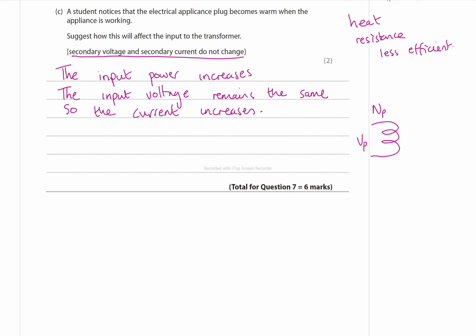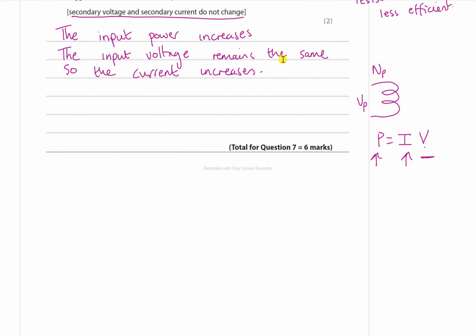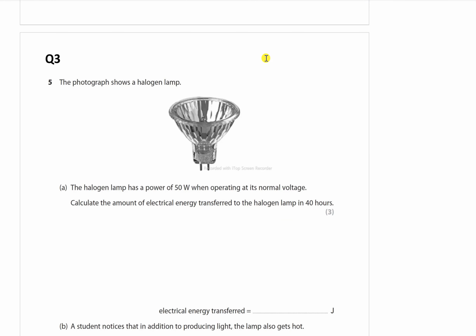So the only thing, because power equals current times voltage, if the power's gone up and the voltage has stayed the same, the current has to increase for this equation to be equal. So what they're saying is the current has to increase because you're losing energy through heat, because it becomes warm. I'm waffling a bit. I am officially a waffler.